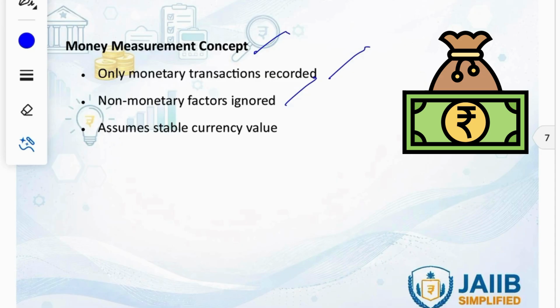This makes comparison possible. If you want to compare balance sheets of two companies without money measurement concept, you don't know which company performed better, which company performed least. For the comparison, this money measurement concept is very important.